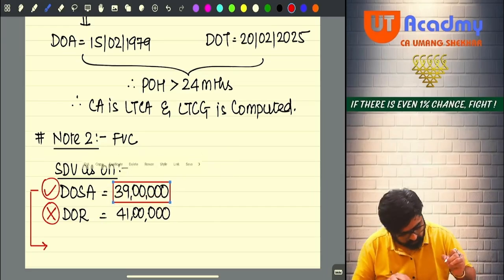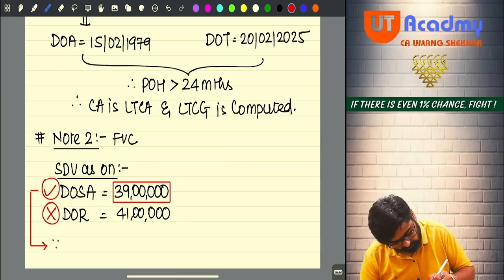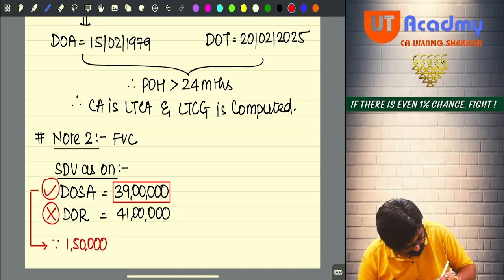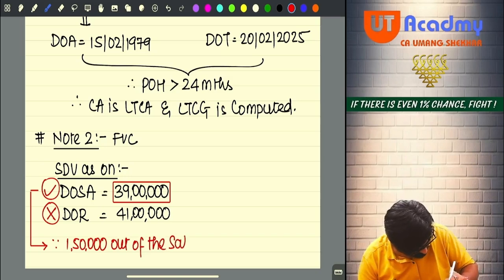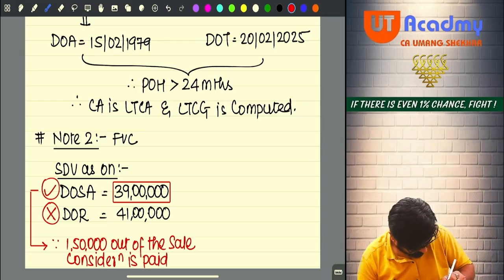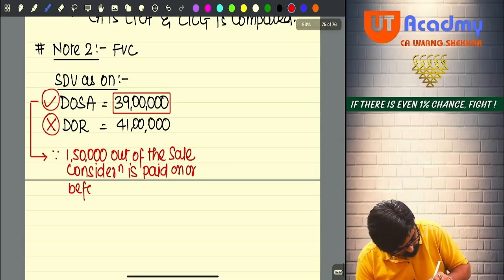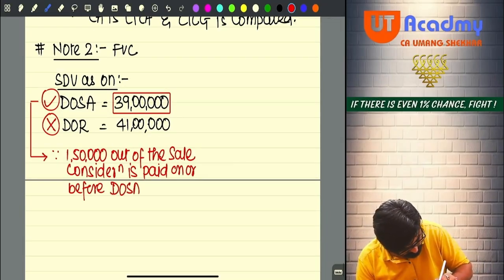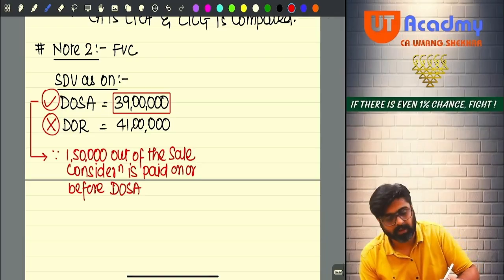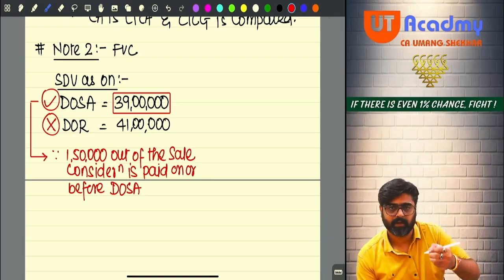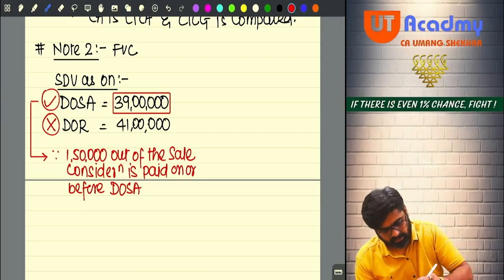I am taking this since 1,50,000 out of the sale consideration is paid on or before the date of sale agreement. Actual date, if you want to write, you can write the actual date of registration and date of sale agreement also. Yes or no? Please write it down.